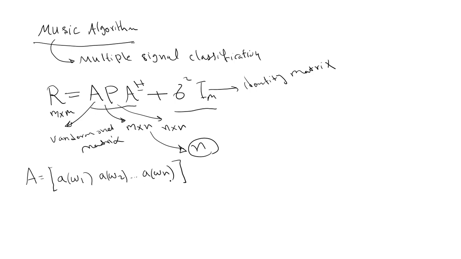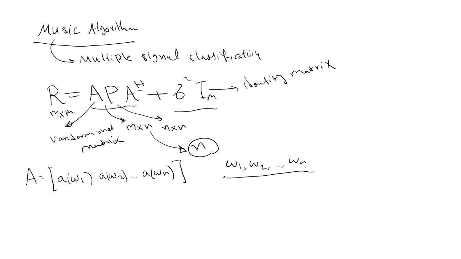Omega 1, omega 2, and omega N are frequencies which should be estimated, and actually we have the estimate of R based on the observations, and we should estimate the frequencies.